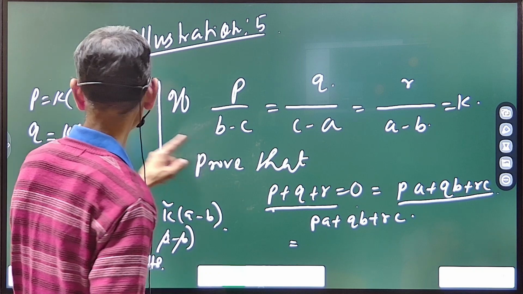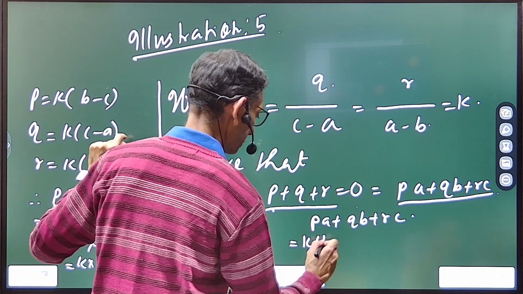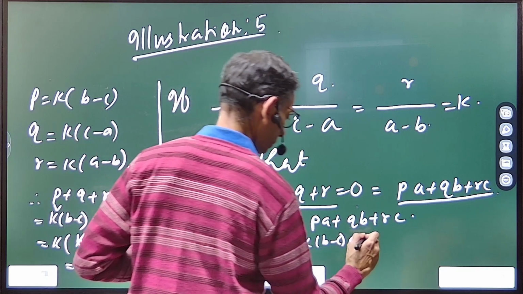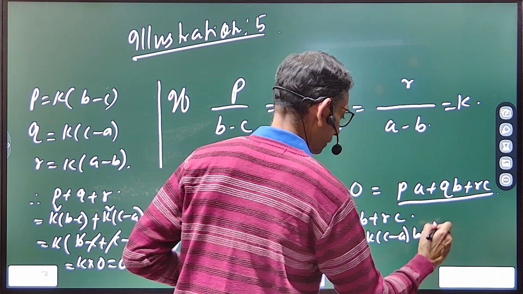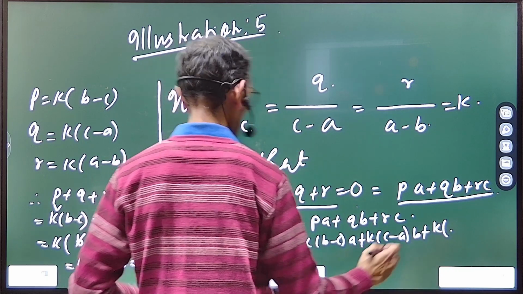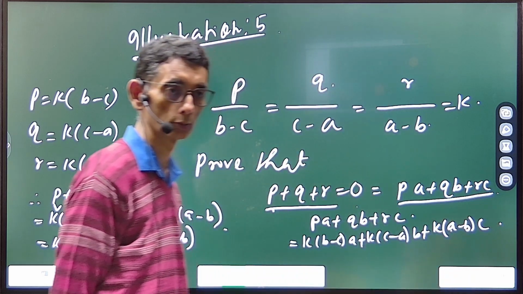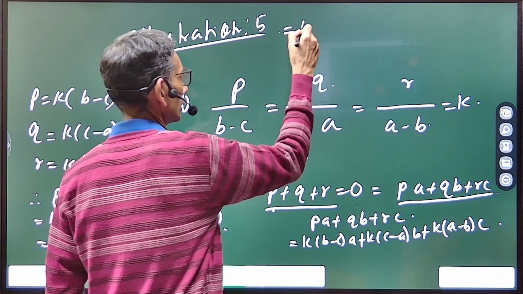Now assign the P value. What is the value of P? K into B minus C into A. Q value is K into C minus A into B. R value is K into A minus B into C. Done. So what do you do now? You take K common.